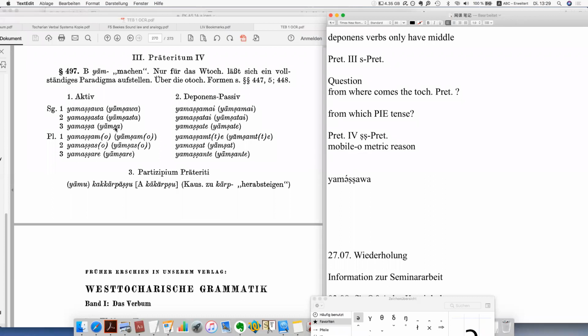But for this one it is correct, and also for this one. It's actually because it's not an open syllable. Wow, that's really an interesting thing. It's not an open syllable.